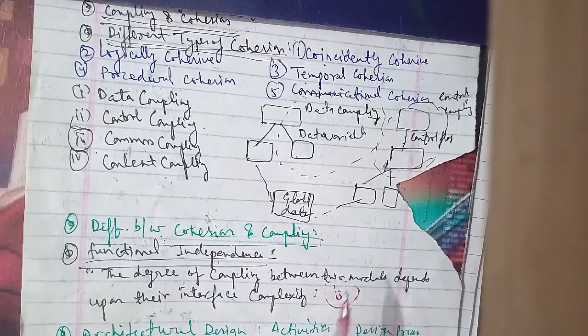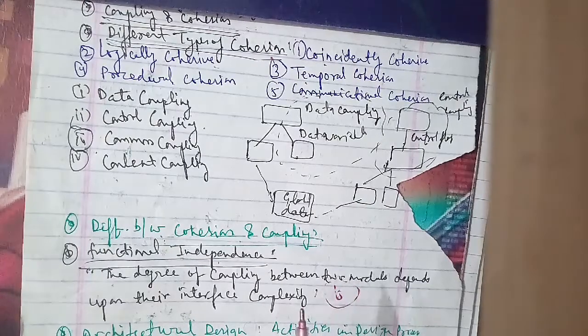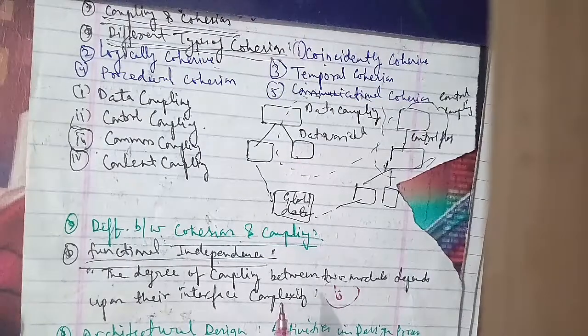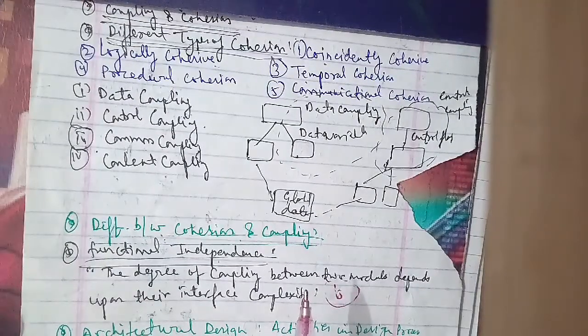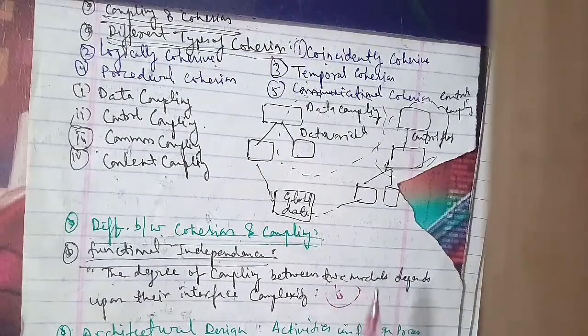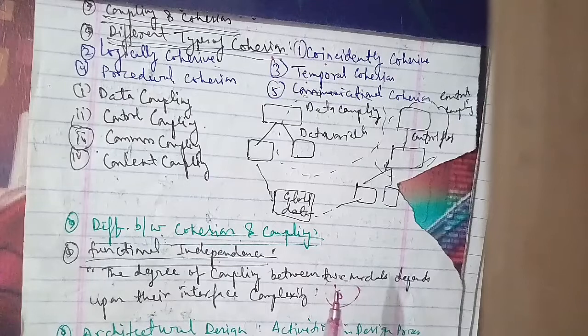Now we'll go ahead with the next topic, which is architectural design. The question asked is to write a short note on architectural design. Architectural design is the design process for identifying the subsystems making up the system and the framework for subsystem control and communication.